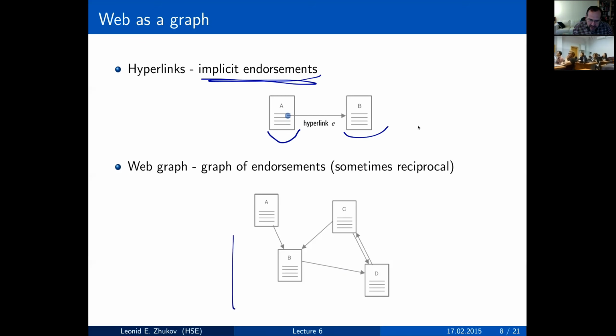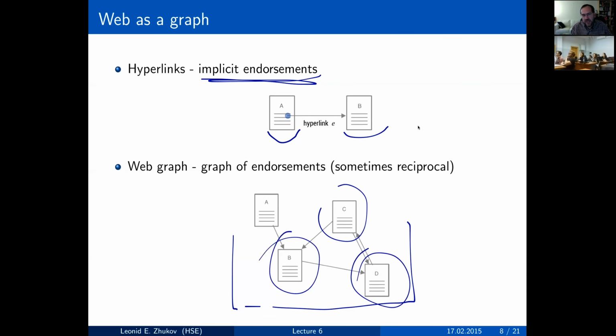Now, again, we're talking right now about the most primitive model, without all kinds of dynamically generated pages, etc. But if you look at this, you realize that probably there are pages like C that has one incoming link, but then there are pages D and B that have two incoming links.